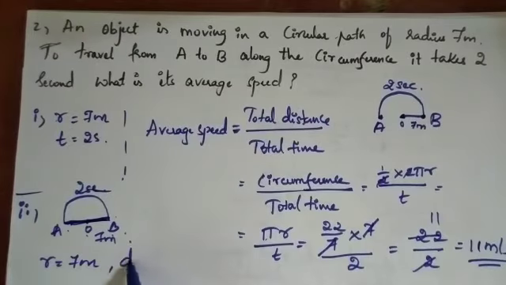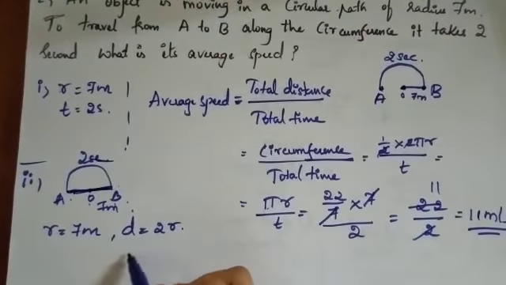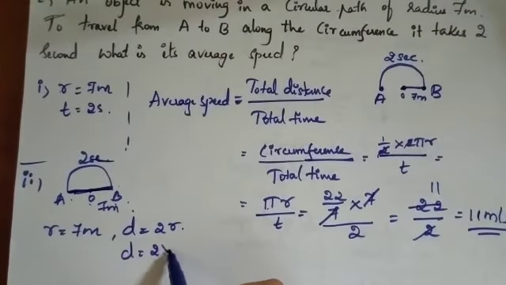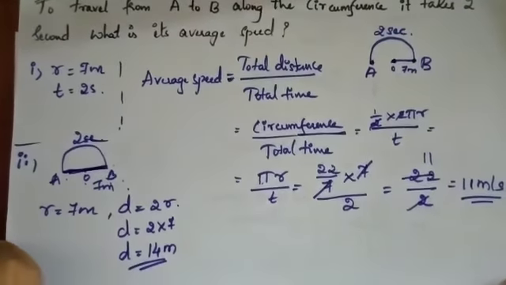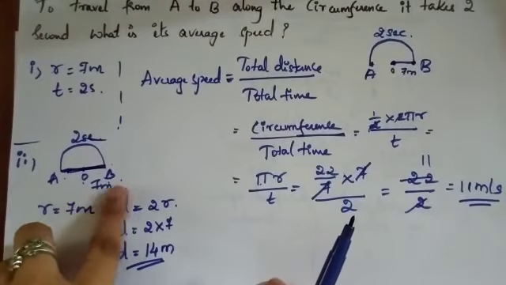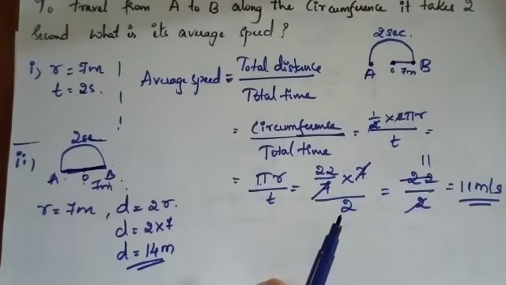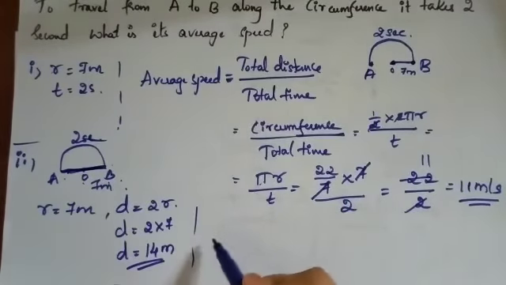So the diameter equals 2 times the radius, which is 2 into 7 meters. So d is equal to 14 meters, and this is the displacement from A to B. Now it is easy to find velocity.